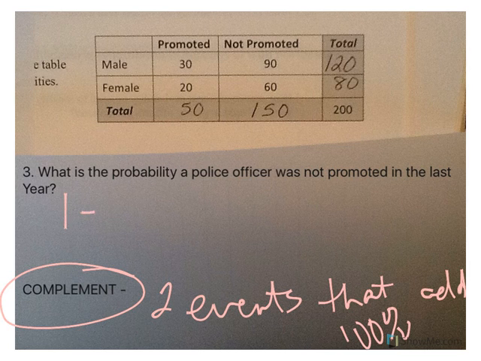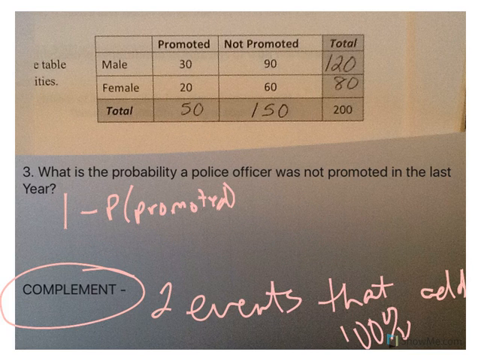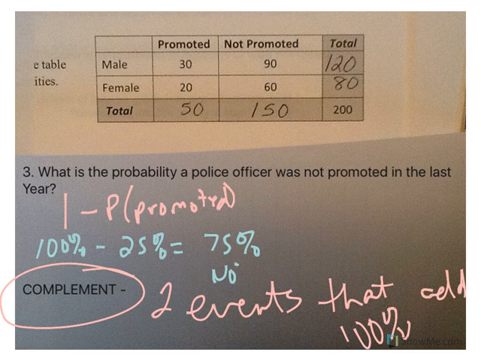If I take everything I have and I subtract the probability of somebody being promoted, that's the same as being not promoted. And you might be saying, what are you talking about? Well, we found back here on this example that the probability of being promoted was 25%. So if I take 100%, which is 1, minus the 25% of being promoted, that means 75% are not promoted. Okay, so that's the idea of a complement.